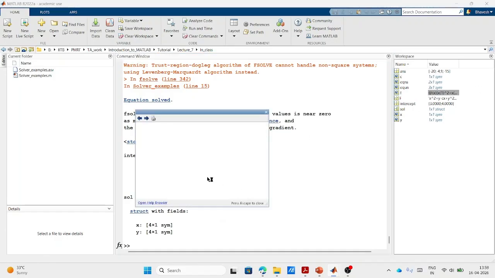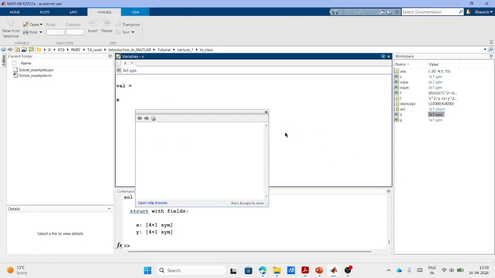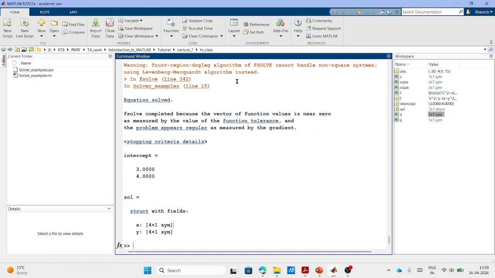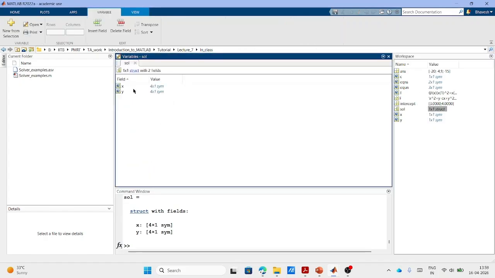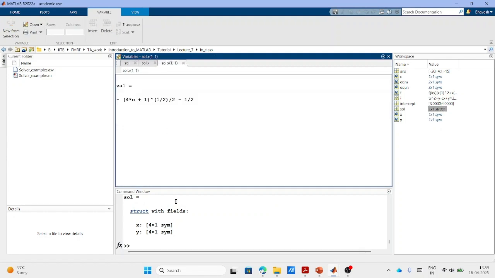When I look at what's inside the solve structure, it has variables x and y. So it gives you the x and y values in terms of the coefficient c.